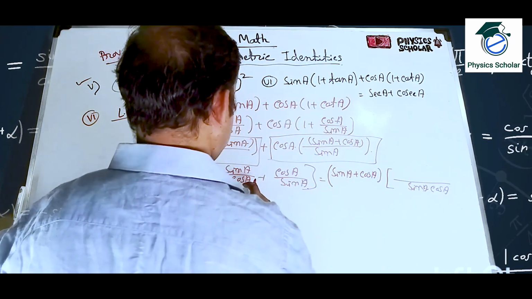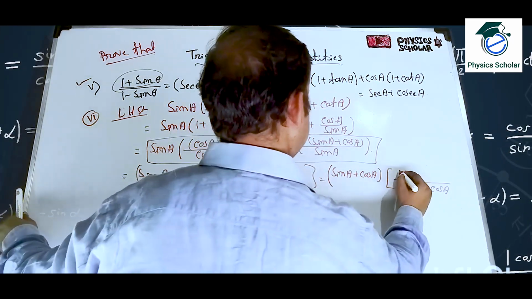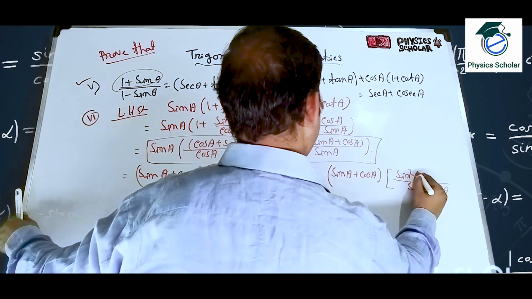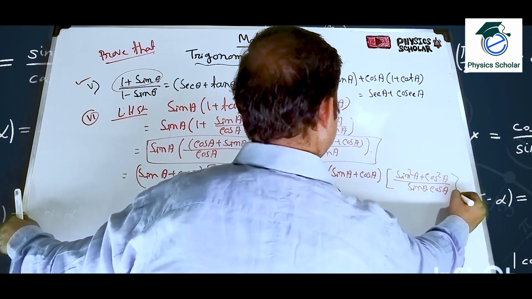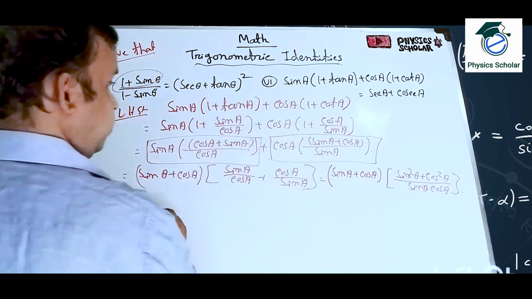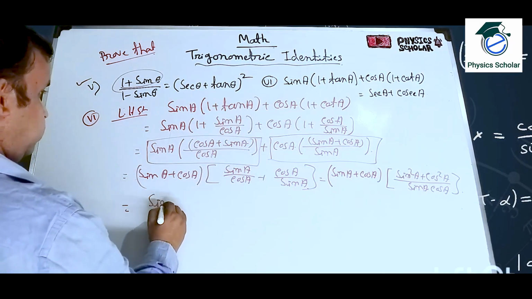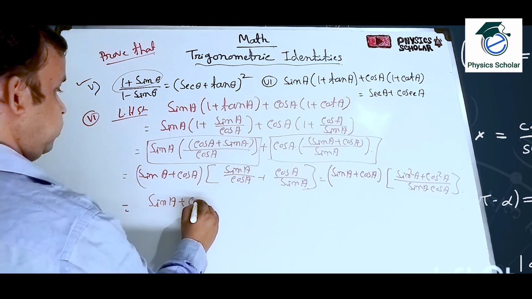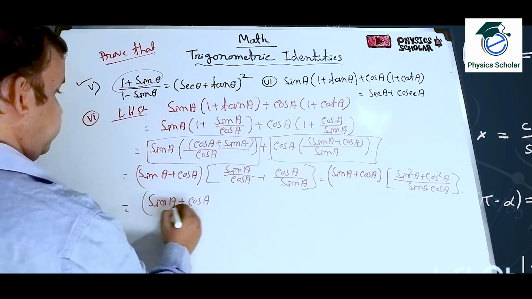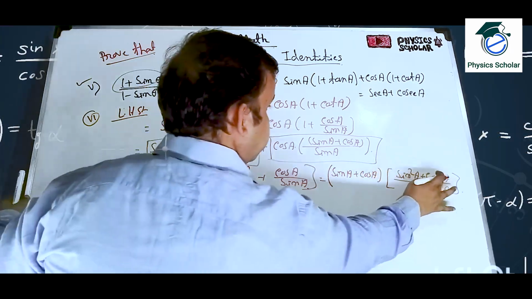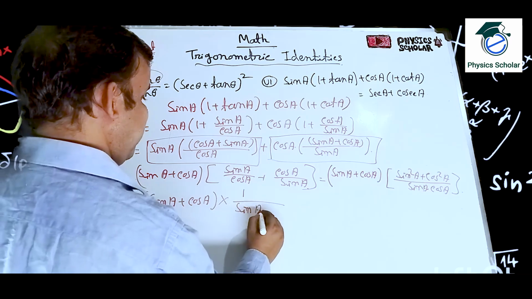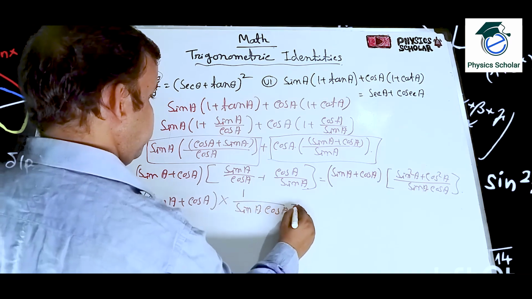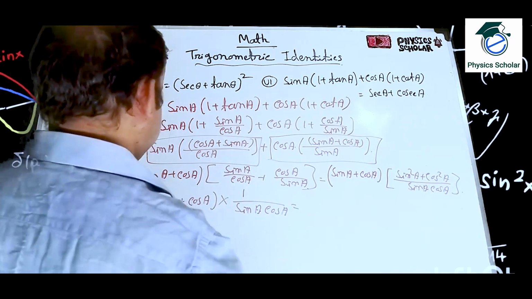So it will be sin square A plus cos square A. Clear? So that means sin A plus cos A into (sin square A plus cos square A) means 1, divided by sin A into cos A. Now you see how I am doing.